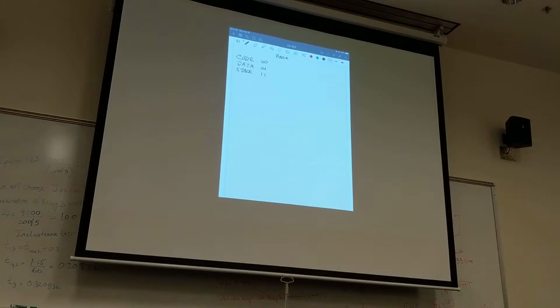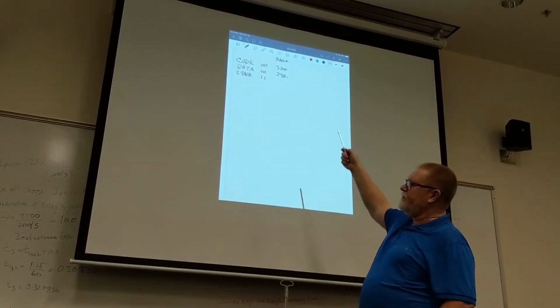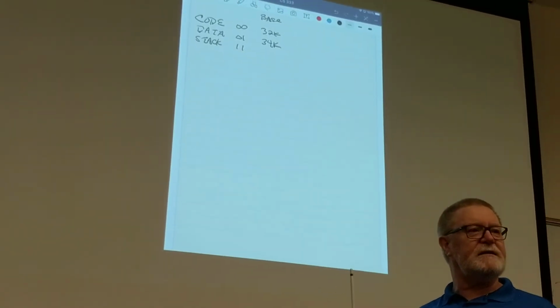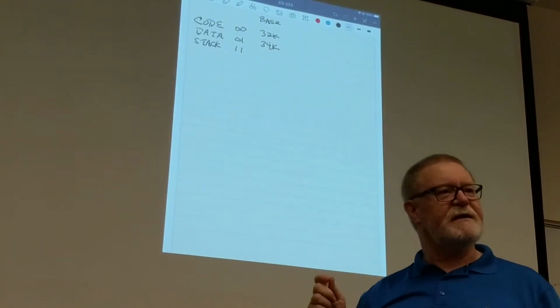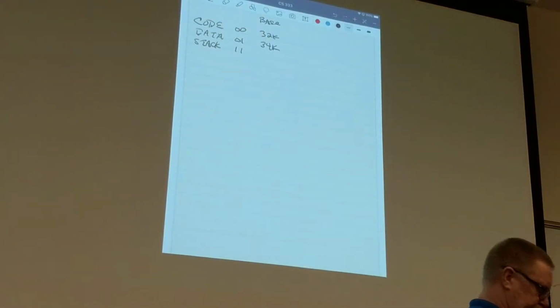So we have 32K, 34K. Look at this: 32 and 34. That says the code segment is 2K, isn't it? But the maximum segment size is 4K. 28K.